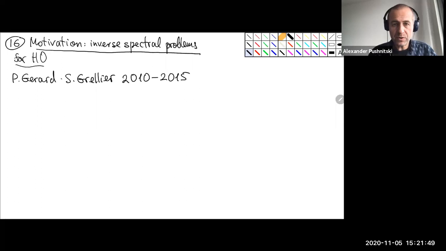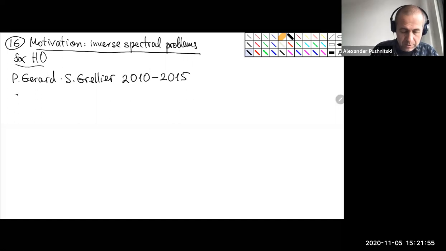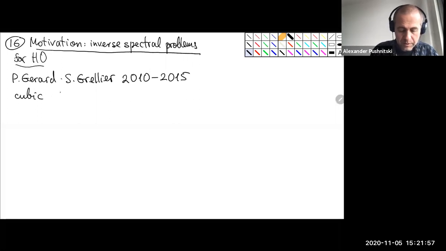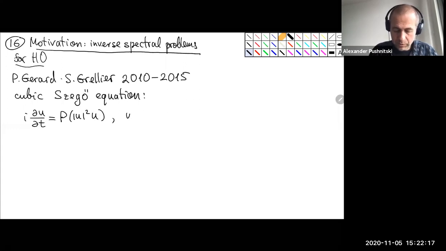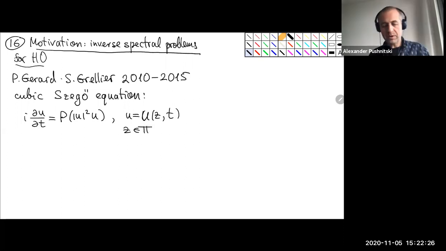So first they introduced an equation which they called the cubic Szegő equation. So this was the equation. So u is a function of z and of time. So z is a variable on the unit circle, and t is time.